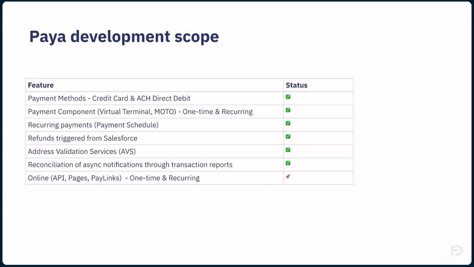Also reconciliation of notifications through the transaction reports of Paya. And we also intend to add one-time and recurring payments through online channels, through, for instance, our API pages and pay links, to this scope, which basically means we've got the full suite of FinDock features for credit card and ACH direct debit in the US.